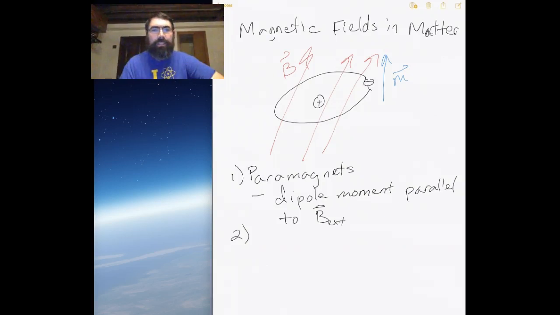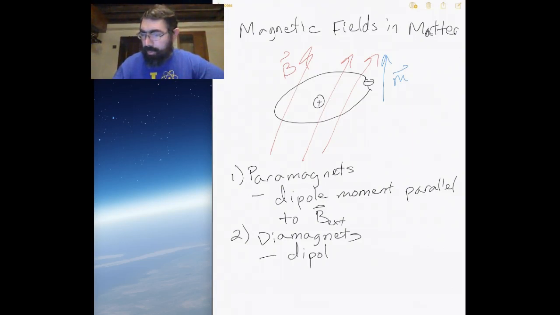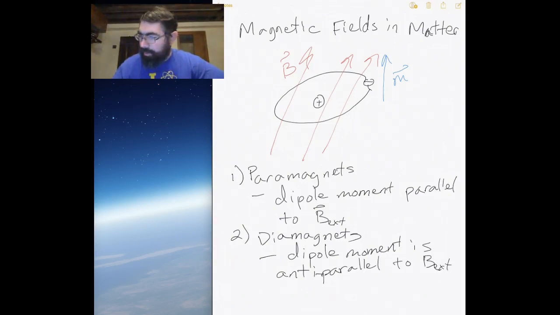The second type is called diamagnets. And now the dipole moment is anti-parallel to the external magnetic field.